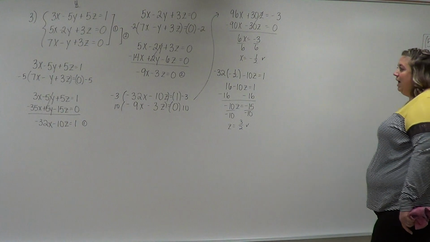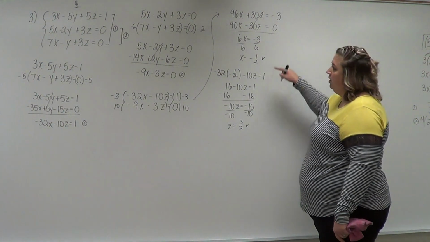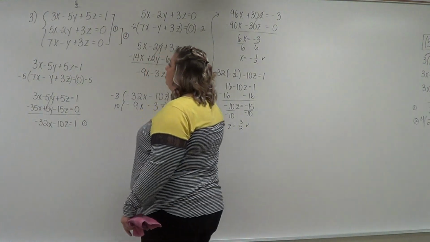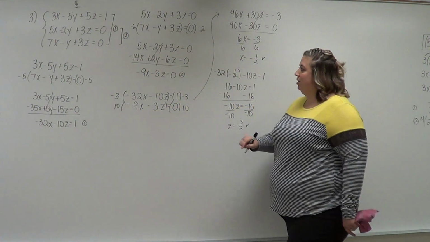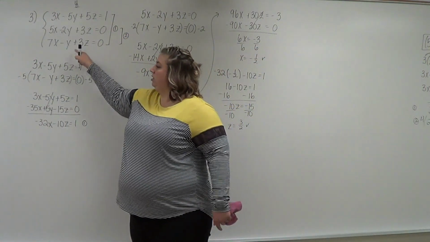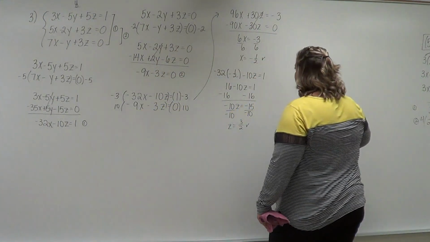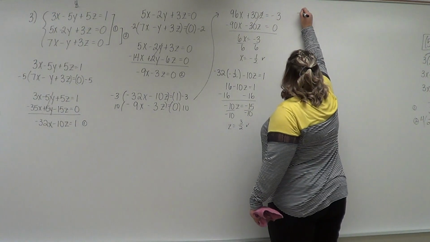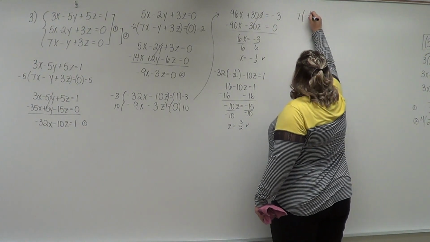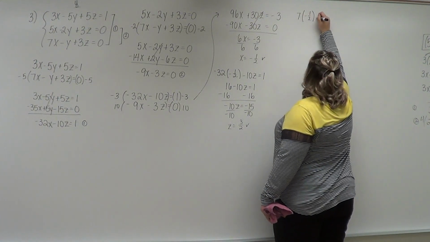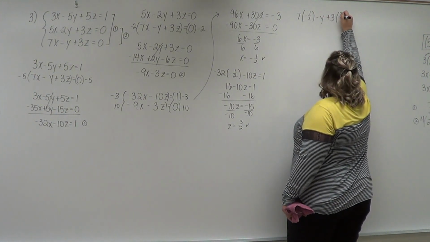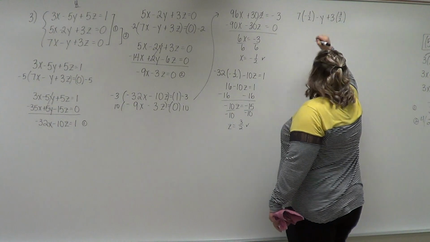Okay, then to find the last one, you're going to take both of these answers and plug them into one of the three originals. I'm going to go with this last one because I think it'll be the easiest to solve for y. It doesn't matter which one you choose. So I would have 7 times negative 1/2 minus y plus 3 times 3/2 equals 0.